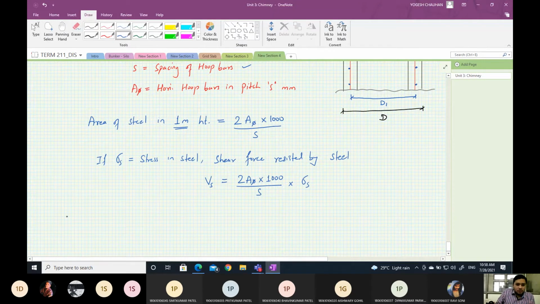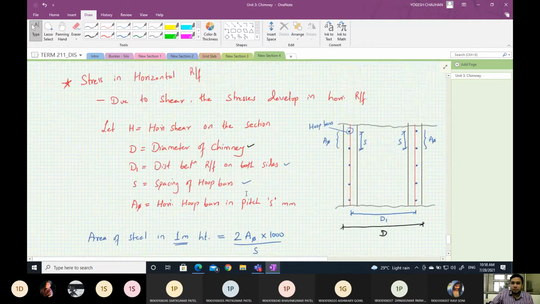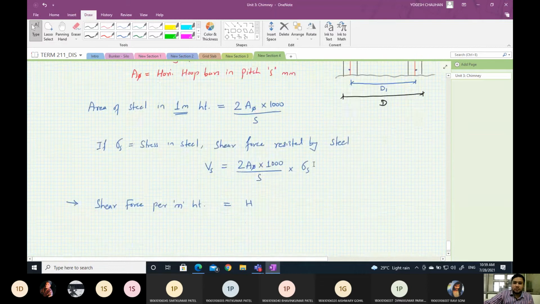Okay. Now next we find the shear force per meter height. That will be equal to H, the total horizontal force. See, the horizontal force acting on the section is, let us say, this is H. This is the horizontal force acting on the section.